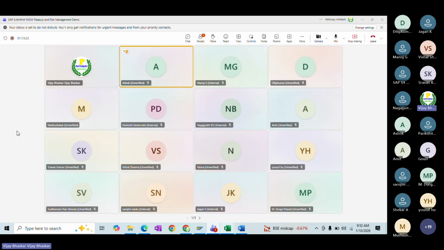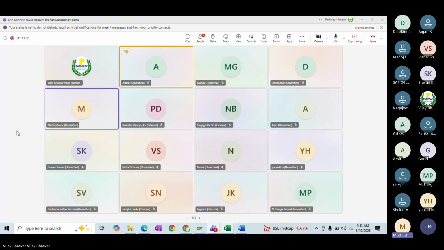In this case, I would recommend you can join if you are interested. First, decide the timelines. Then you need to spare additional time for FICO to learn FI. Since you have a good understanding of treasury, it will be easy for you. But from a system point of view, you need to spend much time in order to bring the output. That is my recommendation, Muthu.